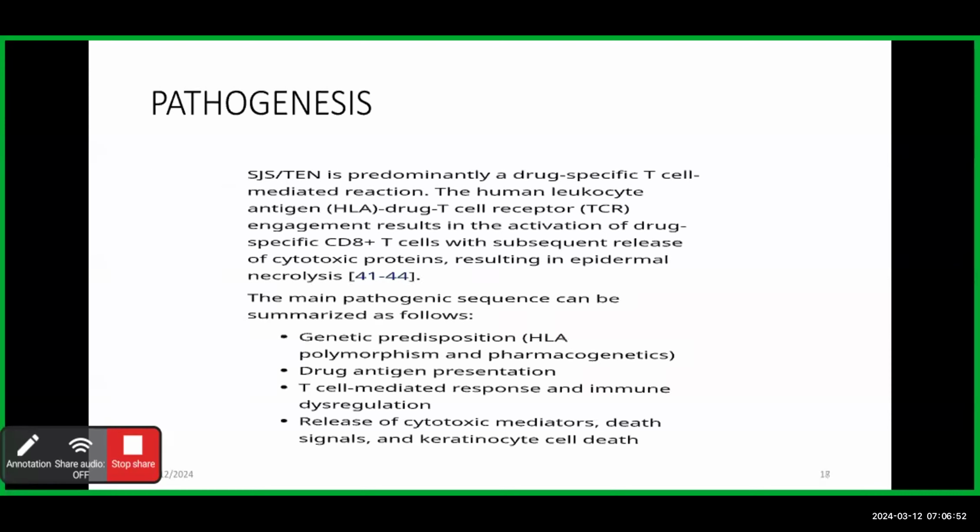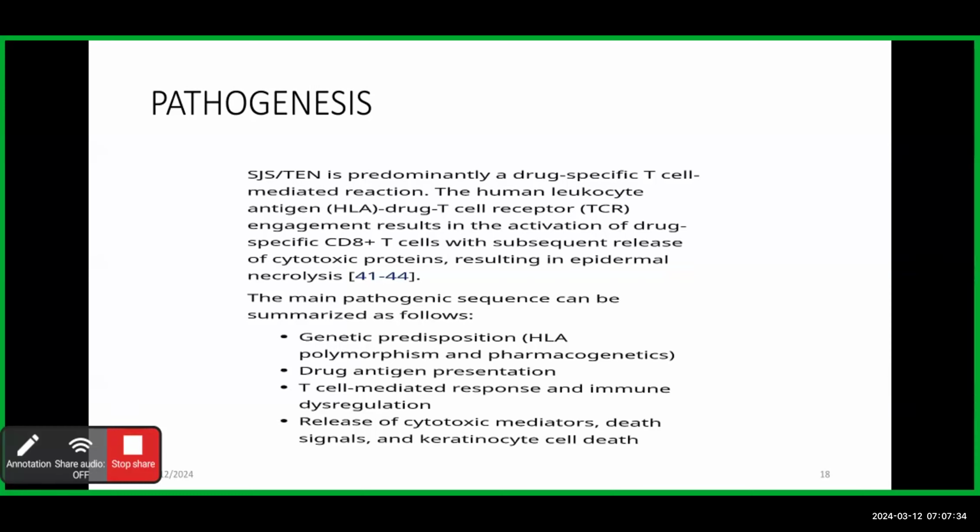So for the pathogenesis, basically SJS is predominantly a drug-specific T-cell mediated reaction. So what usually happens is people that are genetically predisposed, those with the HLA T-cell receptor, when they are exposed to any of the offending drugs or agents, this binds to the T-cell receptors, which leads to the elaboration of the CD8 T lymphocytes with subsequent release of cytotoxic proteins that now result in the clinical features we see in patients with SJS.